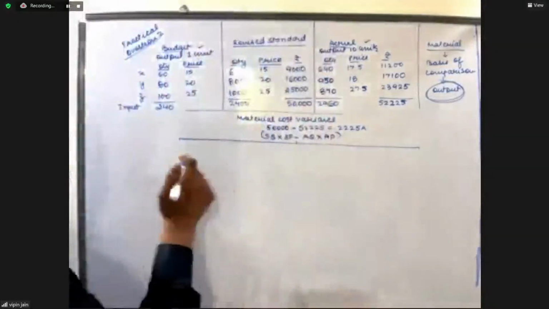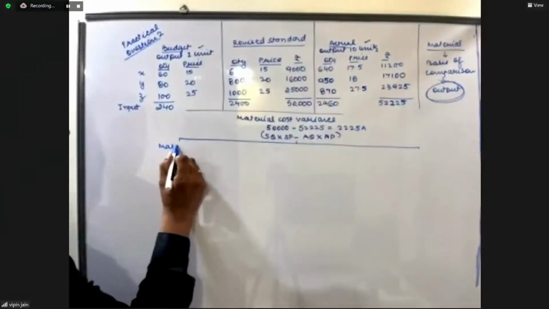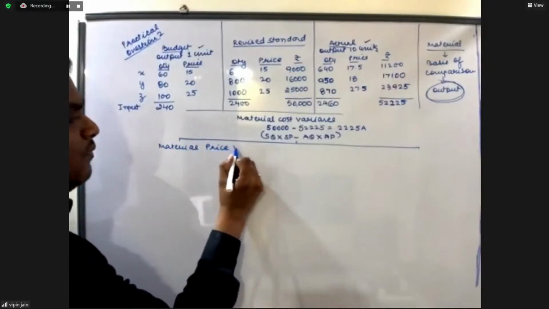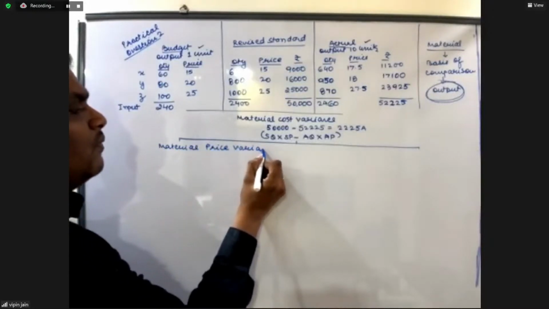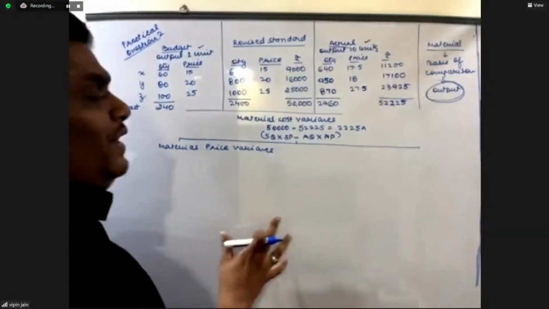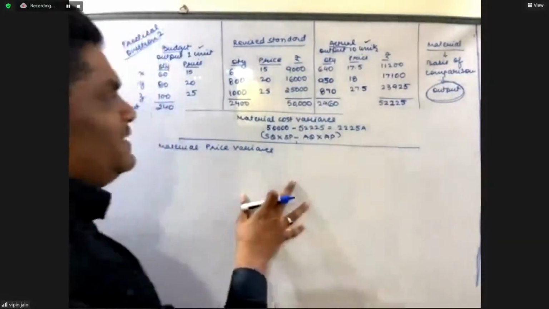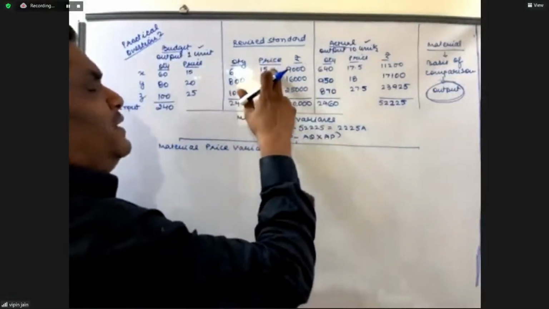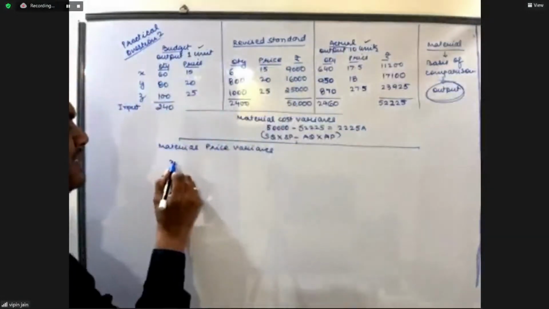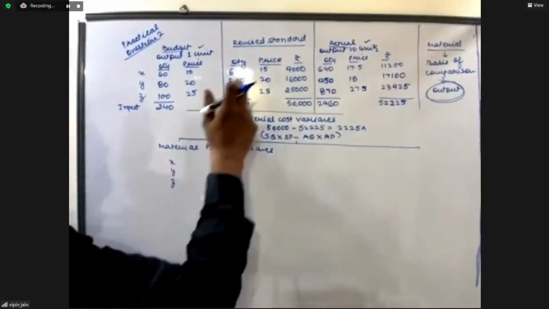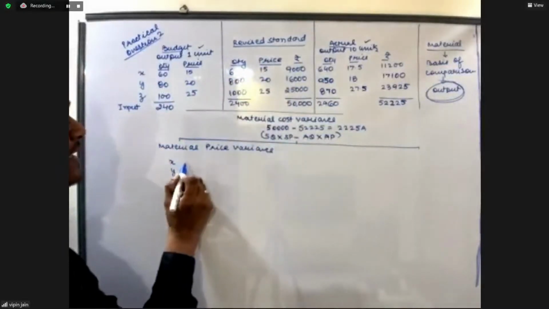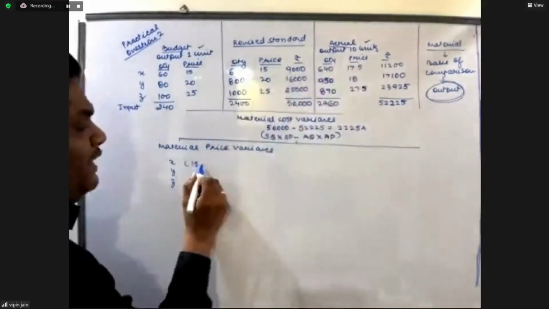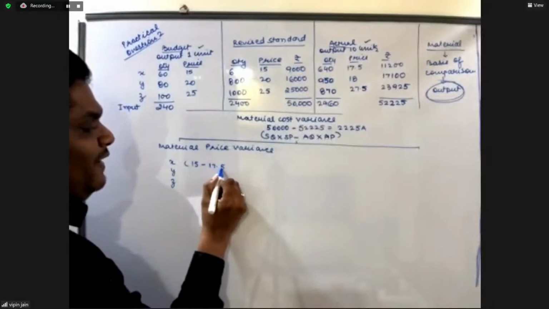Now the next is material price variance. Again, when talking about the price variance, it represents the work done by the purchase manager. So what should be the price at purchase? What should be the price as targeted by the management in case of X? Very simple, 15. But at what price they actually purchased? 17.5.